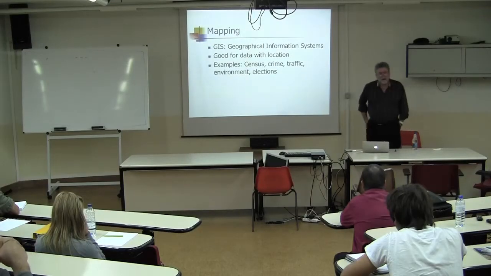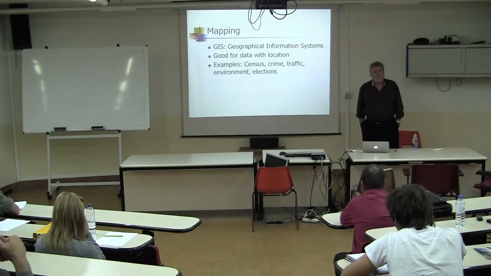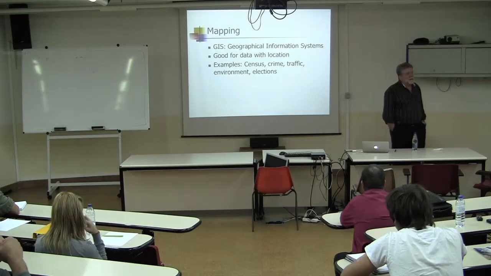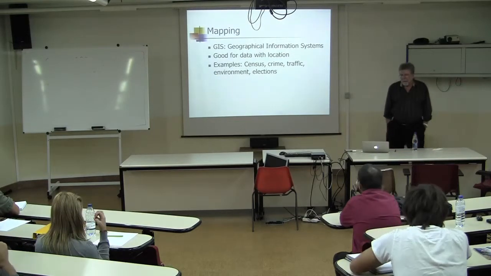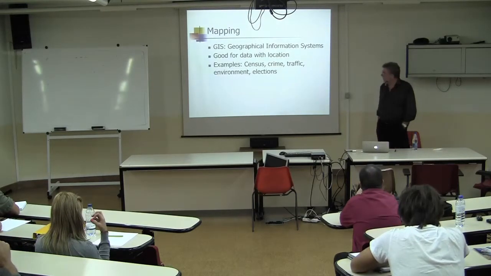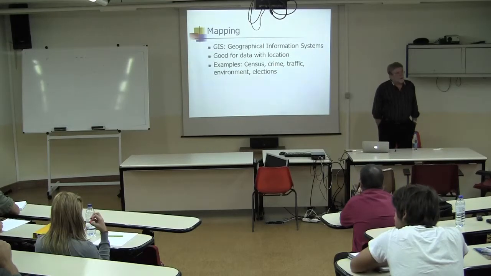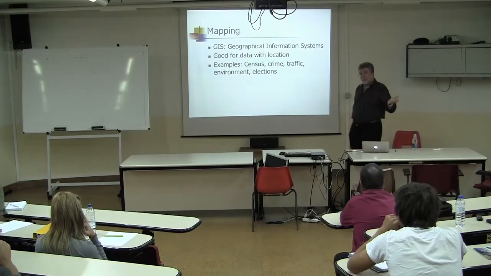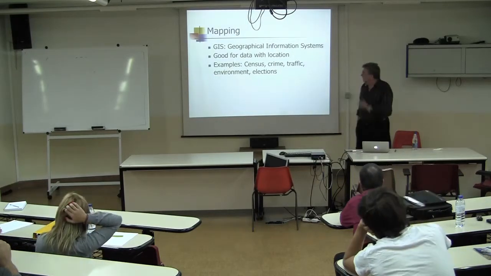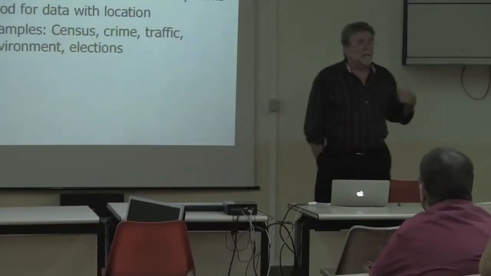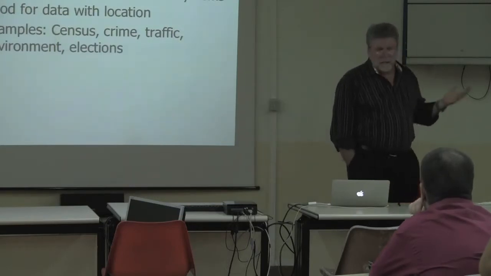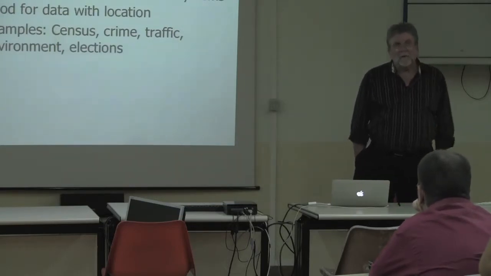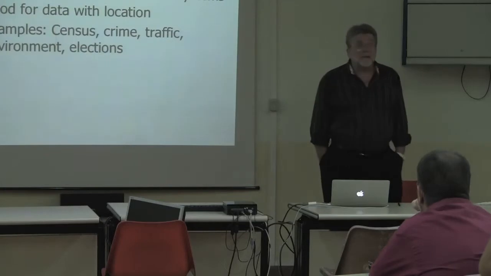Mentioned mapping. The programs that do this kind of thing are called Geographical Information Systems Software, GIS. And there are a variety of those kinds of things. It's being used for all kinds of different information. I mentioned crime mapping. This is actually what police departments do as well. Looking at census data, looking at traffic accident locations, studying the patterns of elections.